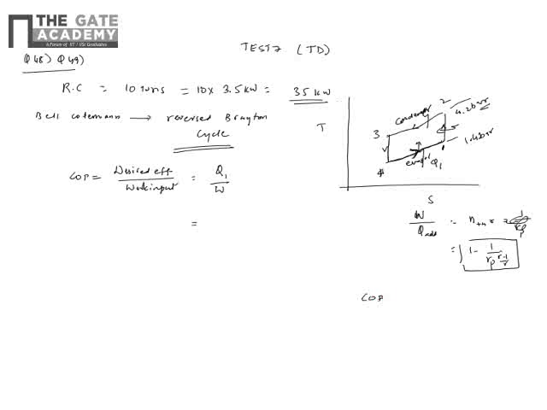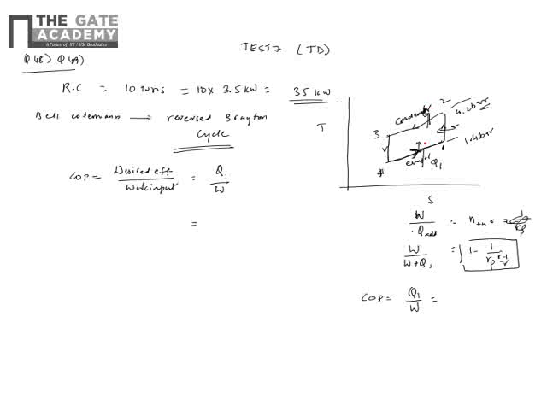Now COP is Q1 by net work input. This efficiency can be written with W and Q addition, only the signs of the heat transfer have changed.